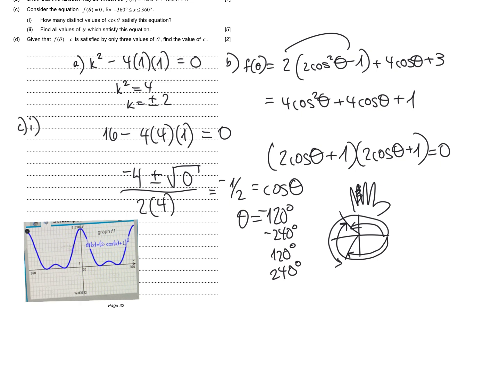Because this is 1, 2, and 3. But like here it's 1, 2, 3, 4. Here it's even 1, 2, 3, 4, 5, 6. And here it's 1, 2, 3, 4. So it's just there at the top. We have to find the max, basically, which is at 9. So c is 9.